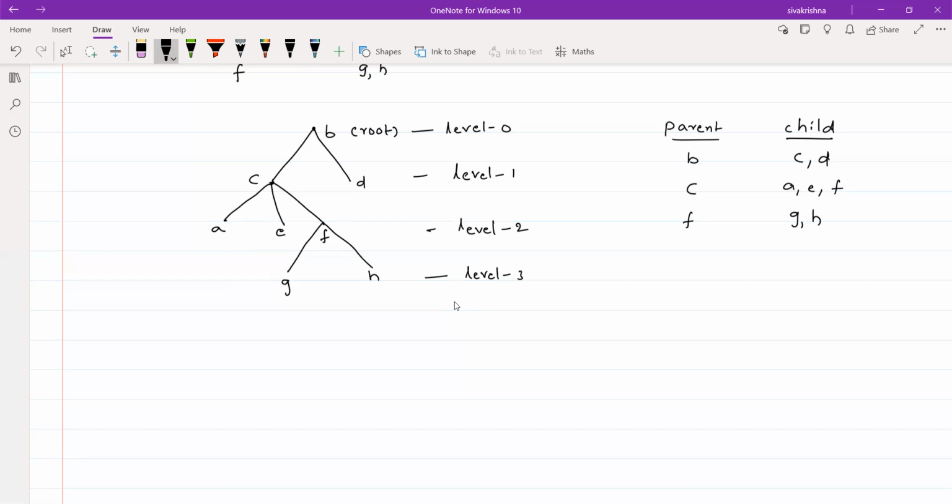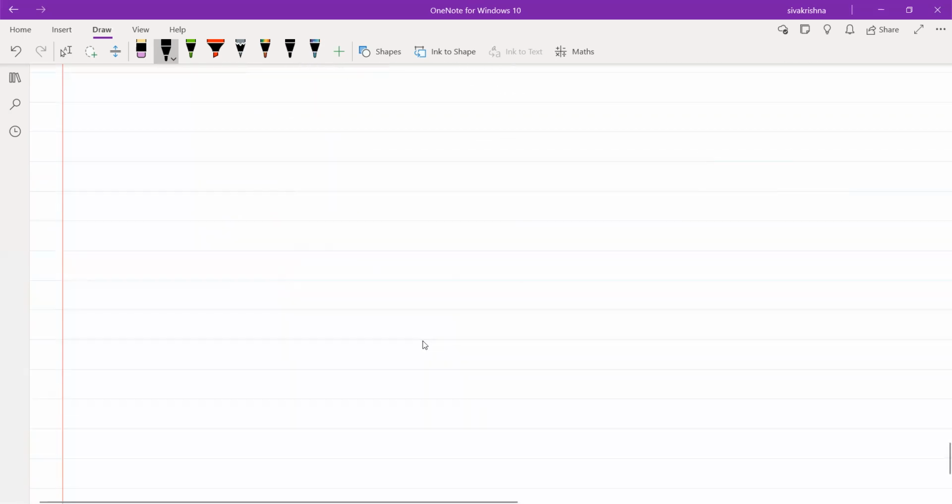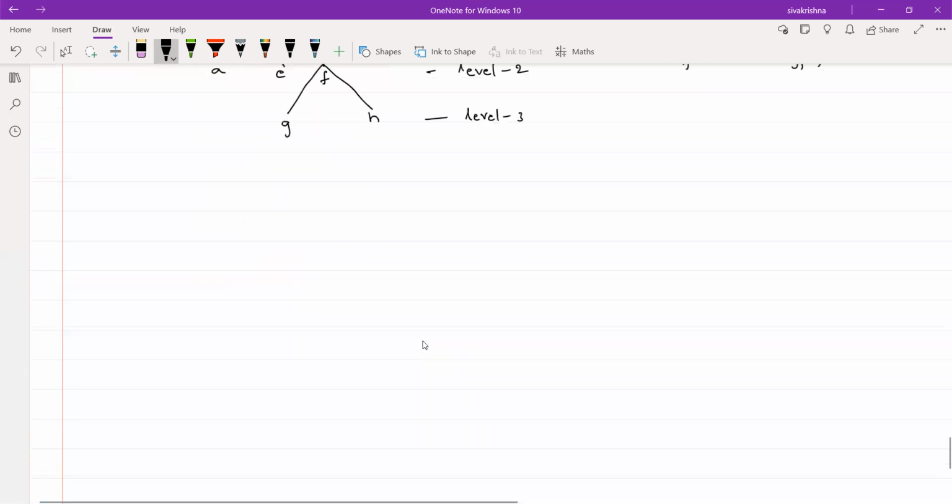Okay, right. Coming to the next definition, that is a very, very important one, spanning tree.